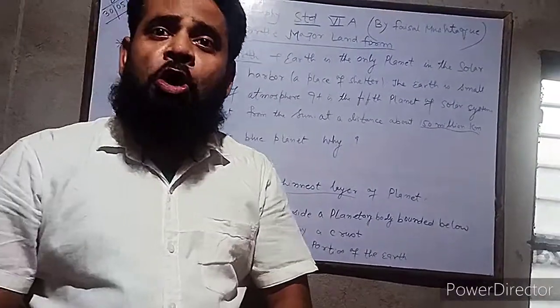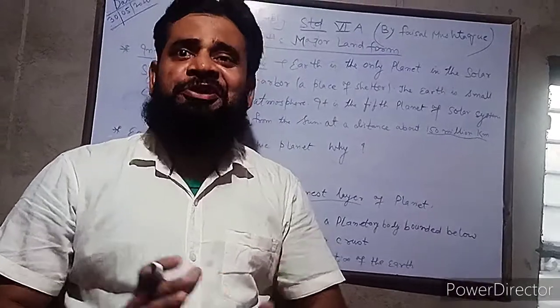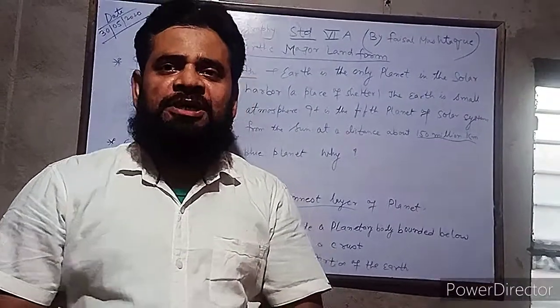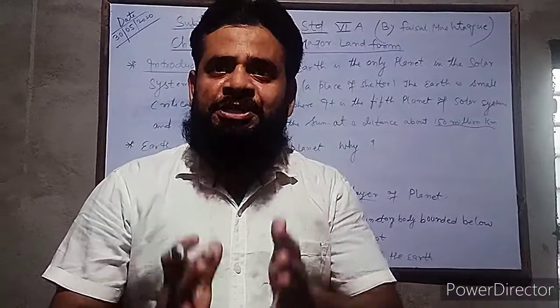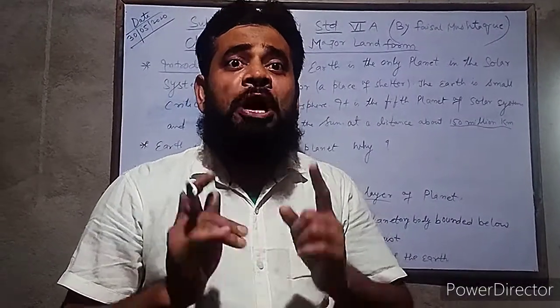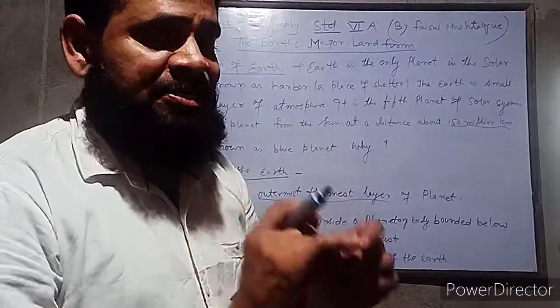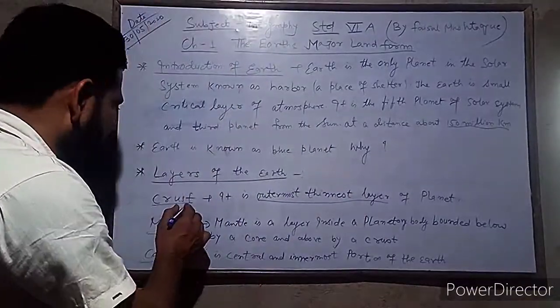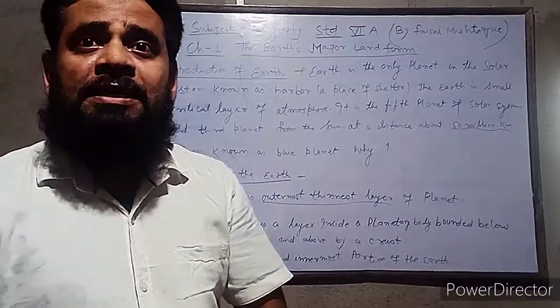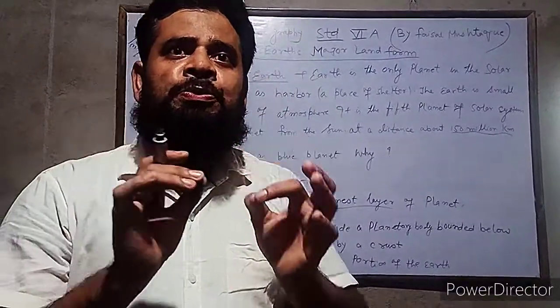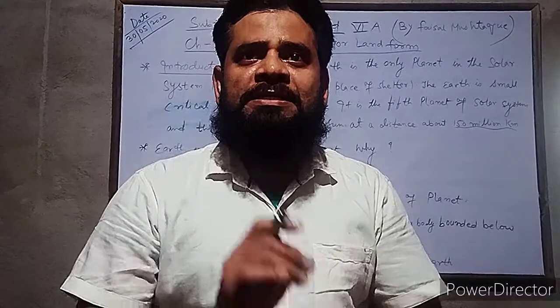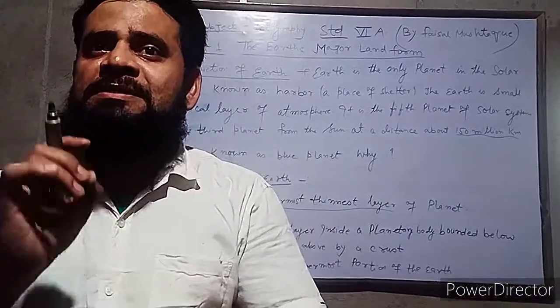Three types of rocks, for example igneous, sedimentary, and metamorphic, can be found in the Earth's crust. The Earth's crust is divided into two parts. One part is the sial, the second part is the sima.